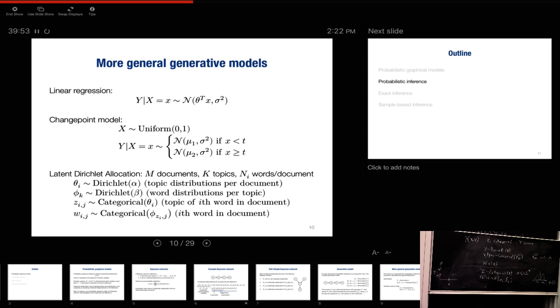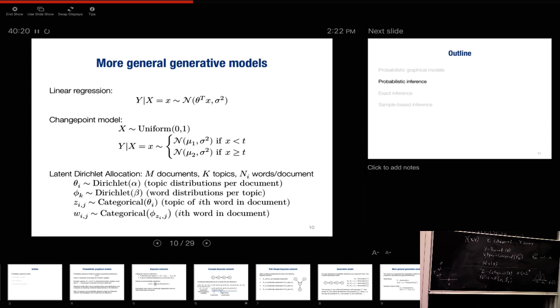The next one, though, is actually a very common model, which is now getting fairly complex, called latent Dirichlet allocation. This is what's known as a topic model. So essentially what we're trying to do is take a collection of documents and ascribe some number of topics to each document. And the model here is that the way you generate documents is that I first pick my topics.